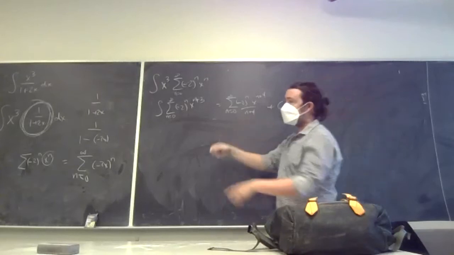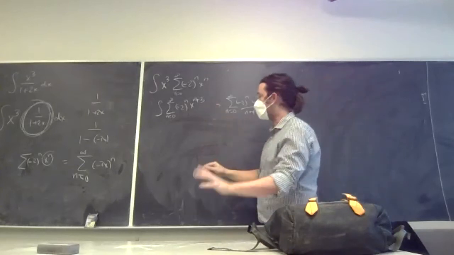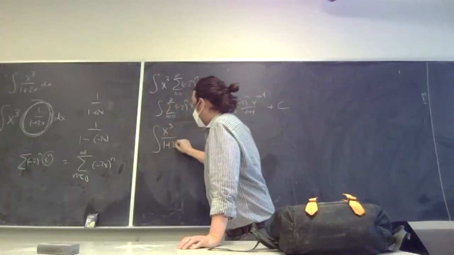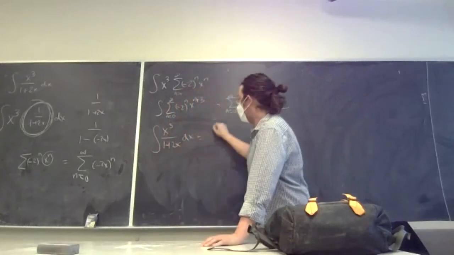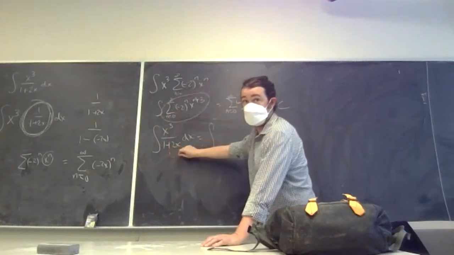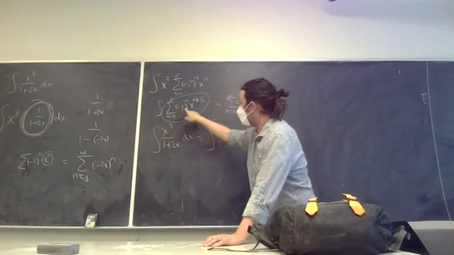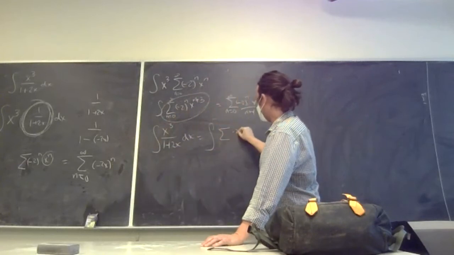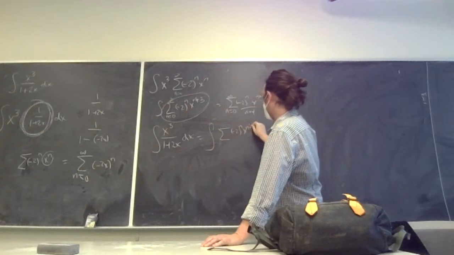So let's actually put all the pieces together and see what we actually did here. We started with this, and we rewrote it as that, so this guy right here is that function, right? That's what all of this derivation was, so that we got that series to replace this function. So minus 2 to the n, x to the n plus 3.